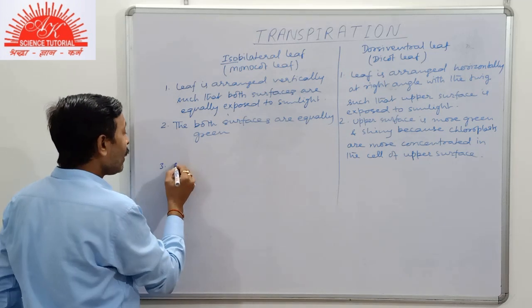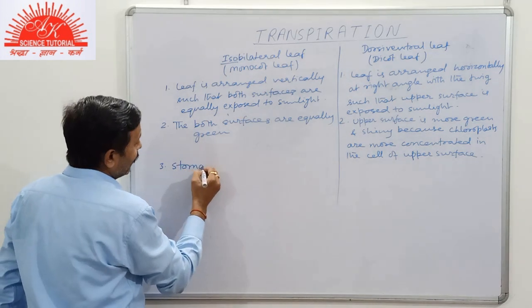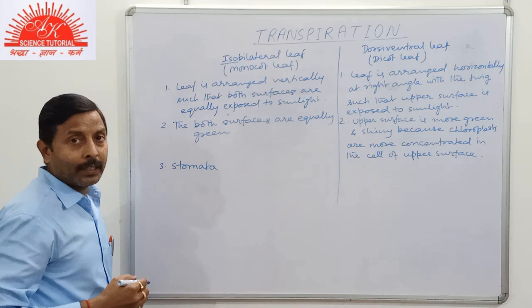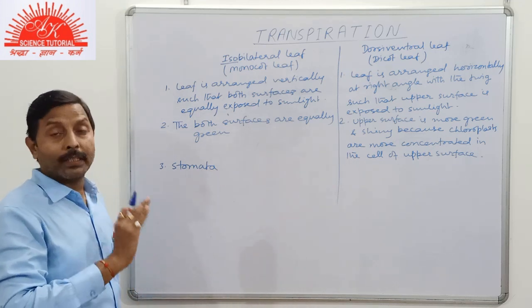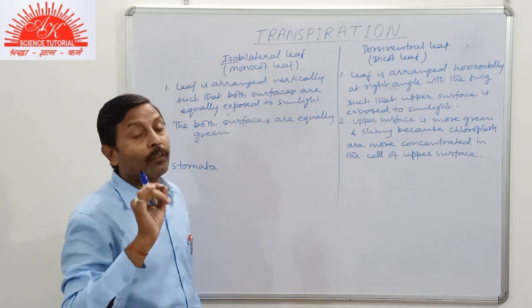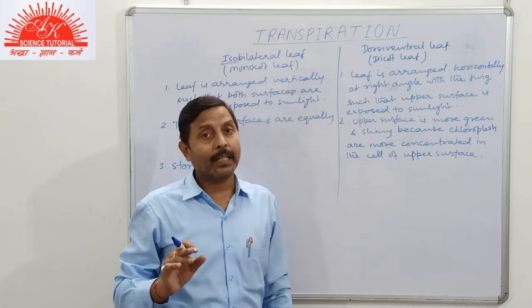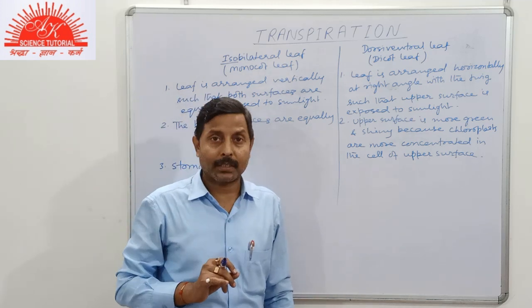Third, stomata. Stomata are the openings through which most of the transpiration takes place. They are present on the surface of leaves, epidermis layer of the leaves, and young green stems.